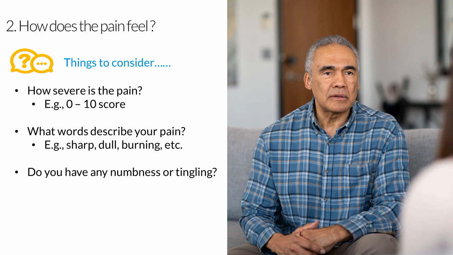As we mentioned at the start of this presentation, in the Understanding Pain section, the different types of pain all feel slightly different. Therefore, we need to use words to help the doctor decide what type of pain you might be experiencing. Use words like sharp, dull, throbbing, stabbing, burning or aching to describe your pain, or any other word which you think best explains your pain.